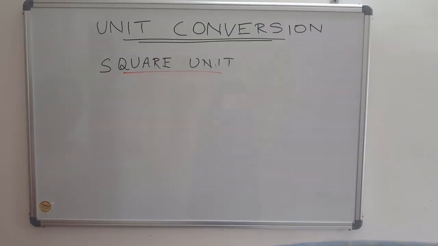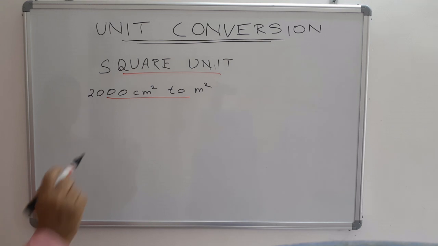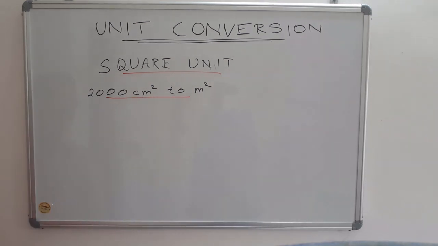Now we will discuss about the conversion of square units. We may get area in a unit and we have to convert it to another unit. So we'll see an example first. Here we need to convert 2000 centimeter square to meter square. So first thing is we need to establish the relationship between one source unit to the target.